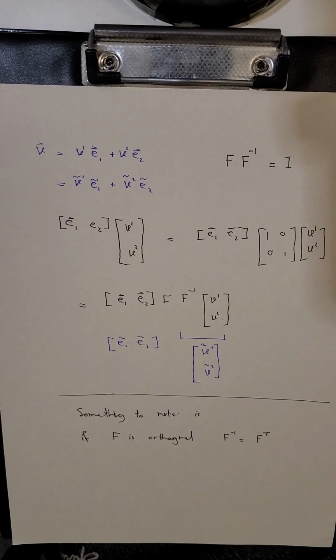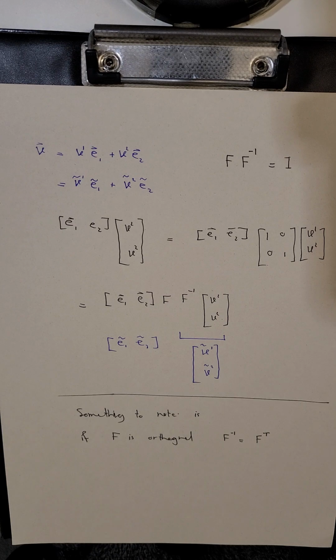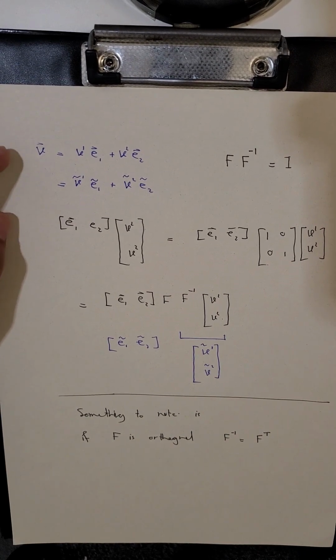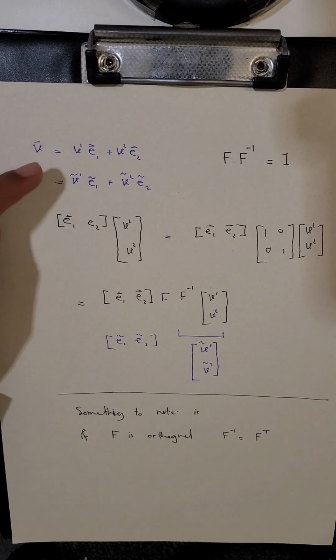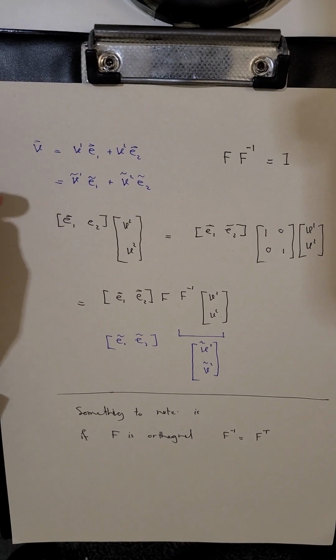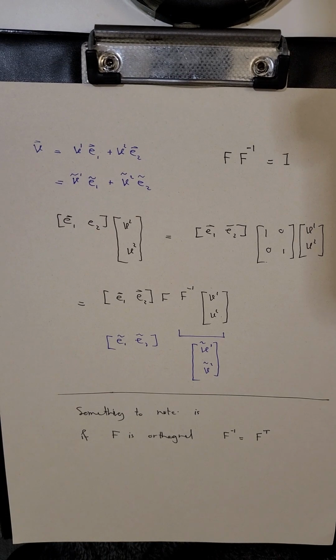So here's some of the things that you need to know before we start. You need to know how to change bases. You have some vector v, and it can be represented using e1, e2 with components v1, v2, or you can use different bases, e1 tilde, e2 tilde, and you have different components in this case.